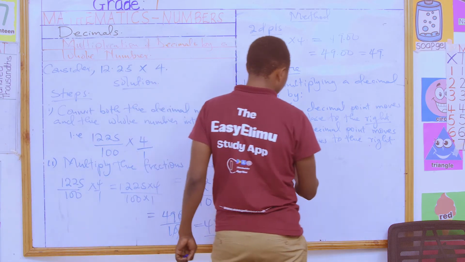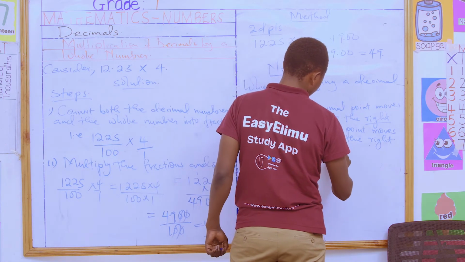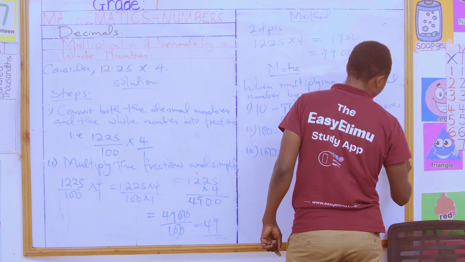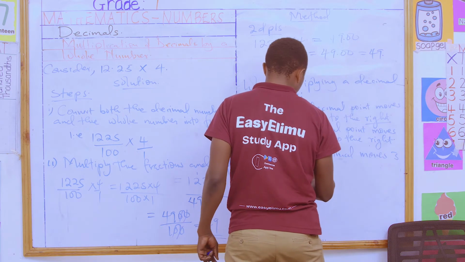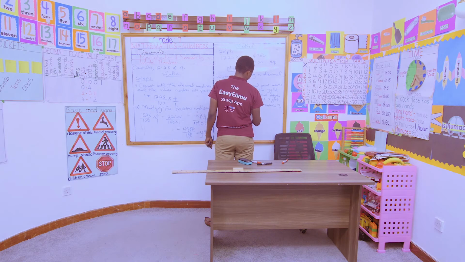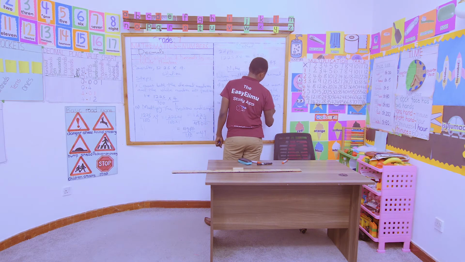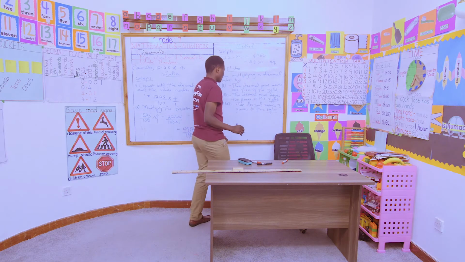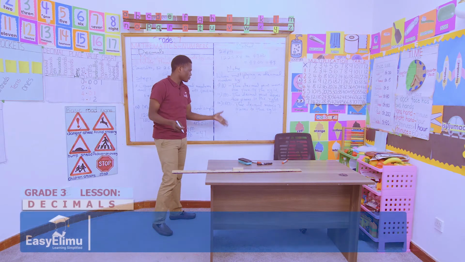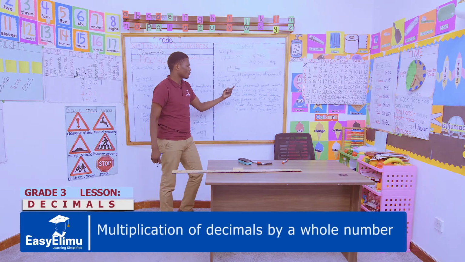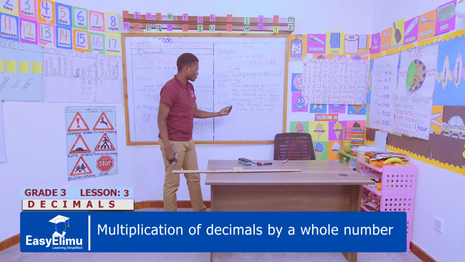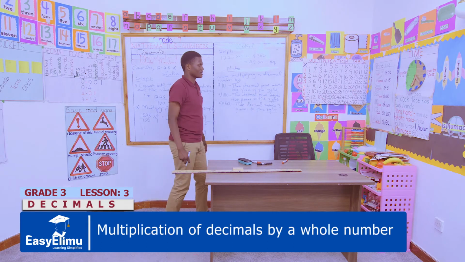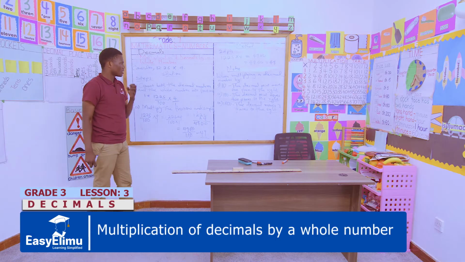The decimal point moves 3 places to the right. I've said the direction is very, very important. So the list continues in the same pattern. When you're multiplying by 10,000, it will move 4 places. By 100,000, it will move 5 places. By 1 million, it will move 6 places, etc., in that particular order.